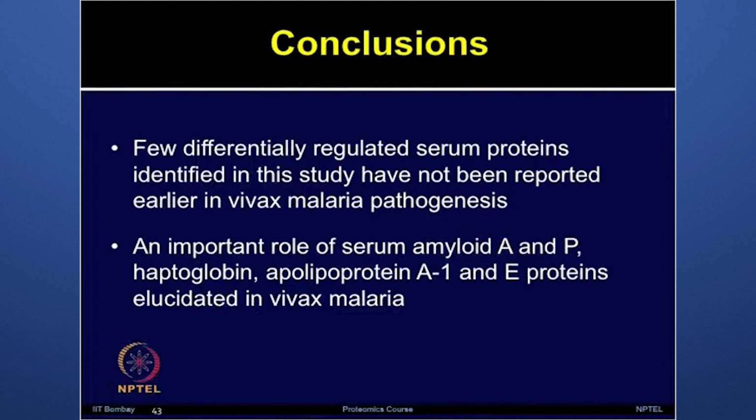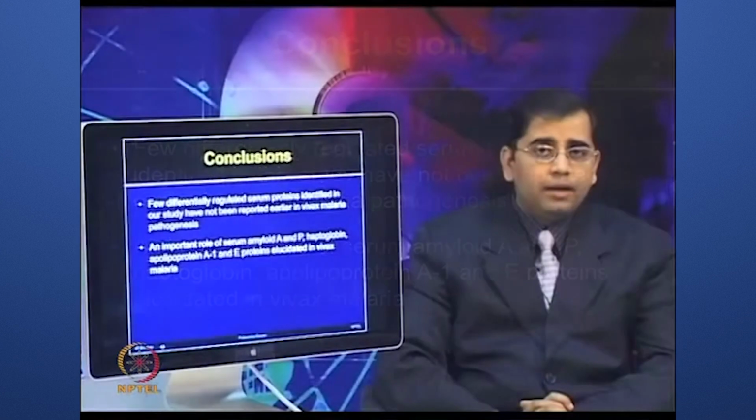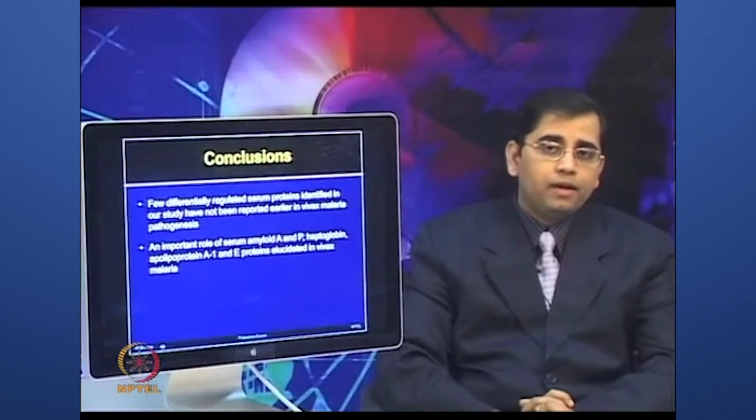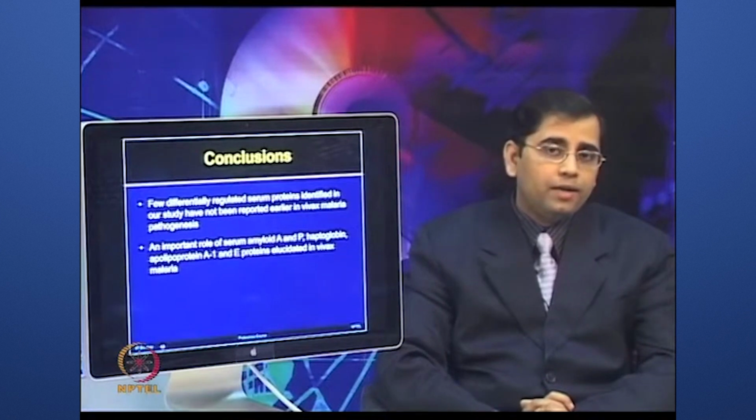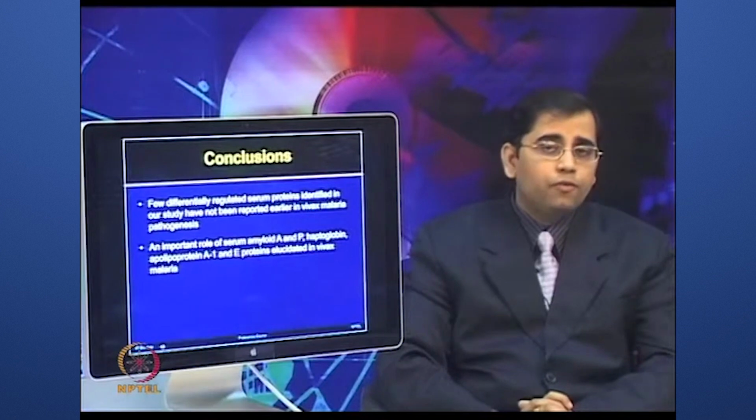A very important role of a few proteins such as serum amyloid A, haptoglobin, and apolipoprotein A1 and E was established in vivax malaria, and this study finally enhanced our understanding of the basis of disease pathogenesis and provided a few potential targets which could be used for further investigation.